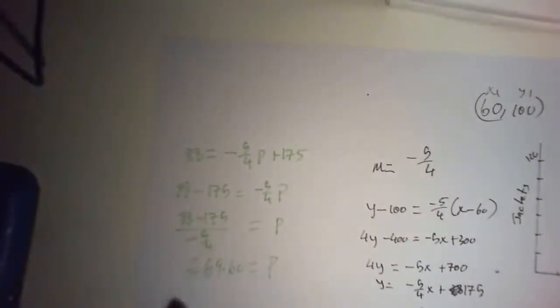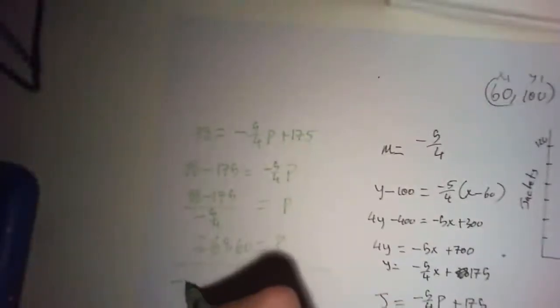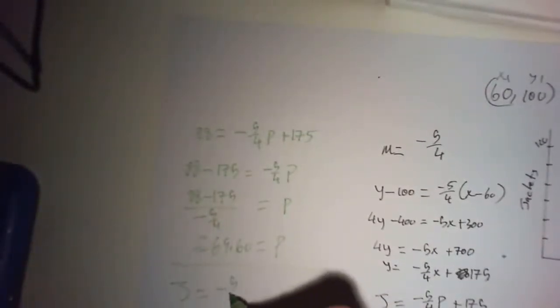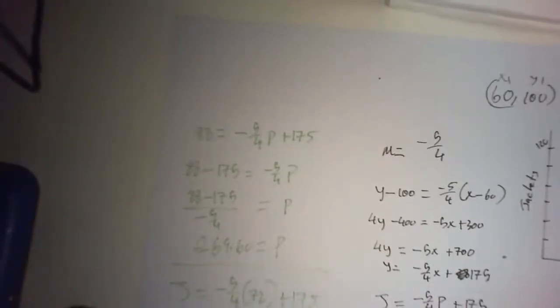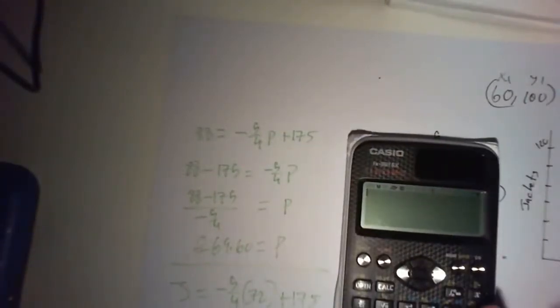Now let's reverse the process. Now we know the P and we want to find the J. Okay, so how many jackets for 72 quid? So J is equal to minus 5 over 4 times 72 plus 175. Now I should use my perfect calculator.